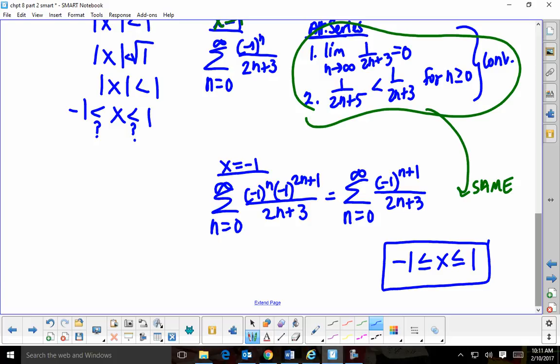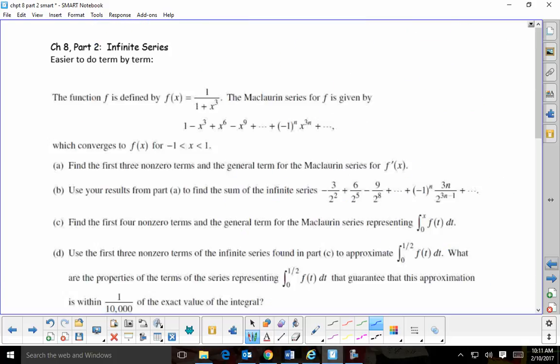Okay, we're going to do one more problem, and that's this free response. This is the last one we're going to do together. Okay, so this could be f term by term, or f as a power series. Term by term.